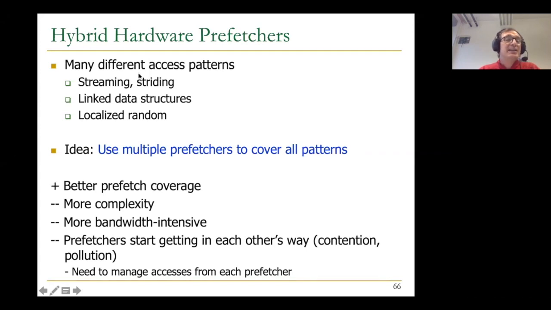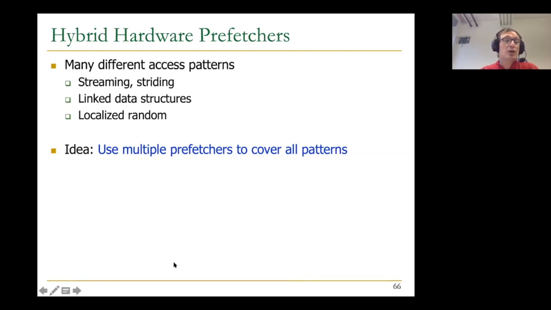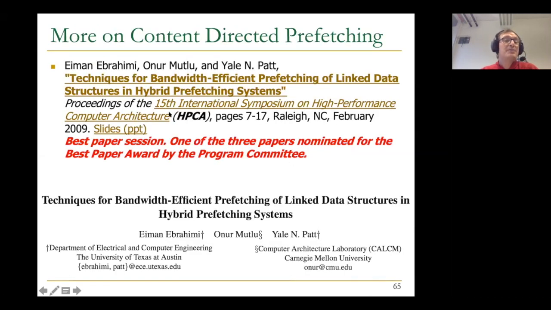But of course, with anything hybrid or heterogeneous, you get more complexity, more bandwidth intensity, and prefetchers may also start getting in each other's way. They may cause contention, pollution, and you may need to manage accesses from each prefetcher. And this work actually tackled some of those problems because it really talks about hybrid prefetching for both linked list and streaming accesses.